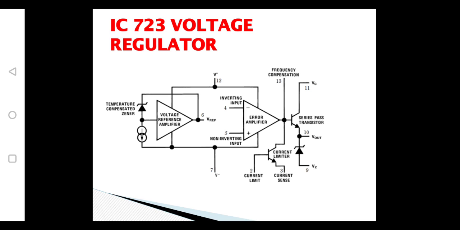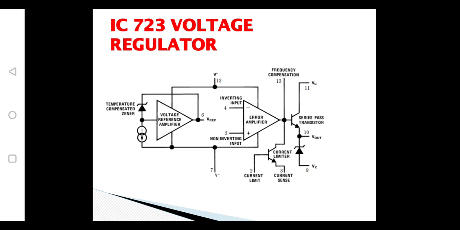And the difference between the non-inverting voltage and the output voltage is again fed back towards the inverting terminal, so that we can minimize any error between the input and output. So if the output voltage becomes 0, the voltage at the inverting terminal will also be 0, because the same output is feeding back towards the input.